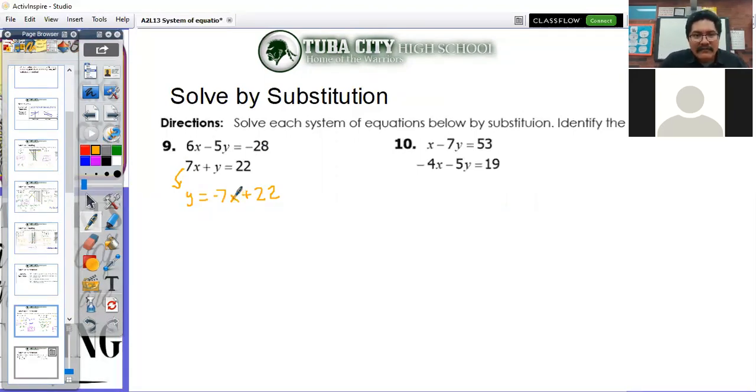Now I have y solved. So I'm going to take this y and plug it into this one. 6x minus 5y equals negative 28. I'm going to have to leave some space in here. So negative 7x plus 22.